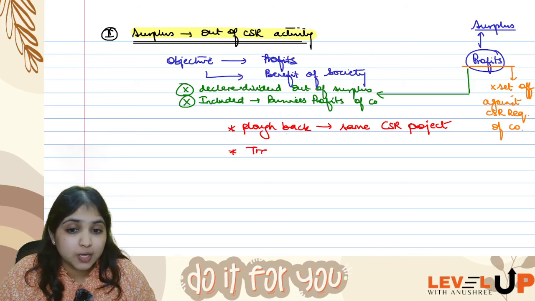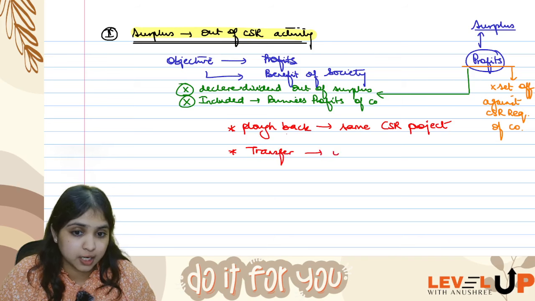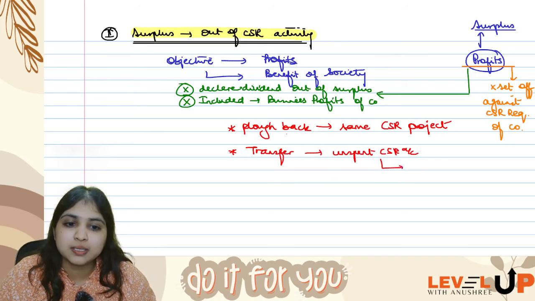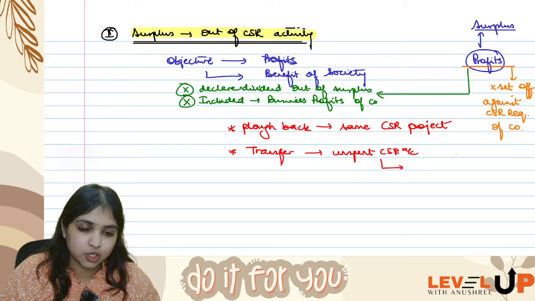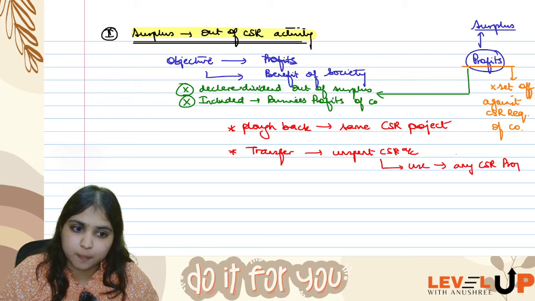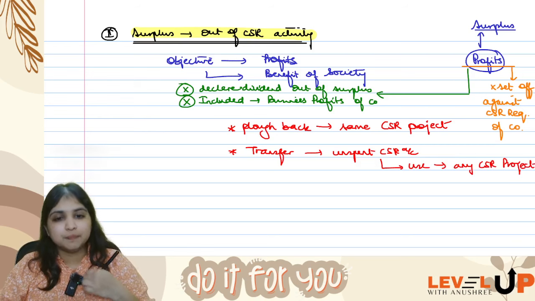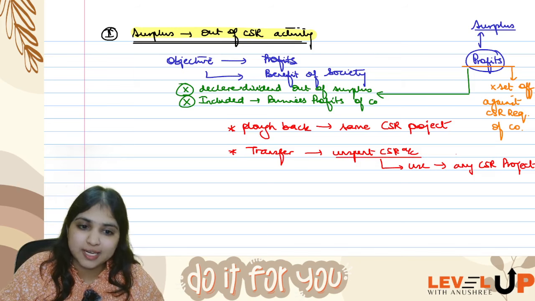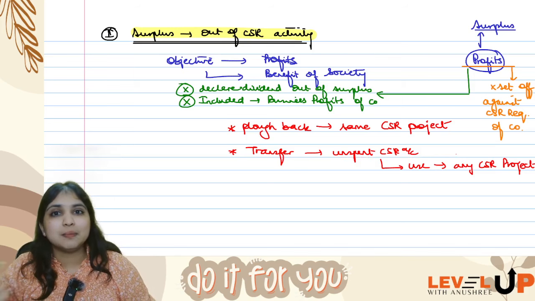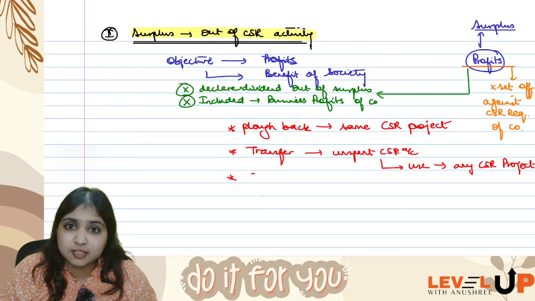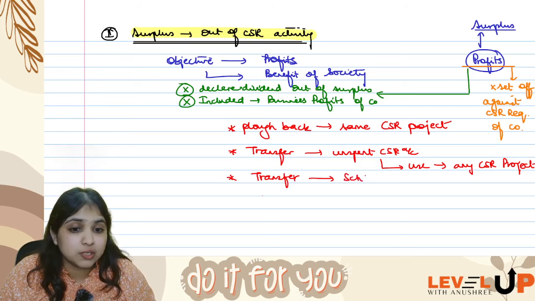Option 2, you can transfer this surplus into unspent CSR account, and you can use this unspent CSR account to carry on any CSR project. Option 1, you can plow it back into the same CSR project. Option 2, you can transfer it into unspent CSR account and use the money for any CSR project. Or option 3, you can transfer this surplus into any Schedule 7 fund.